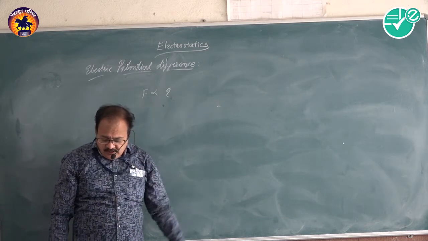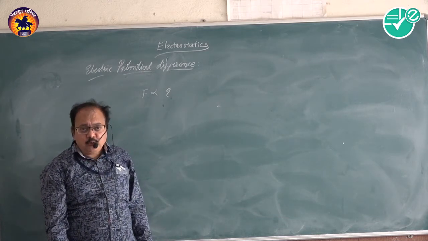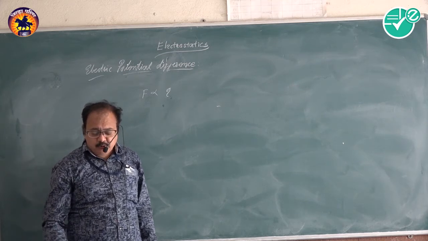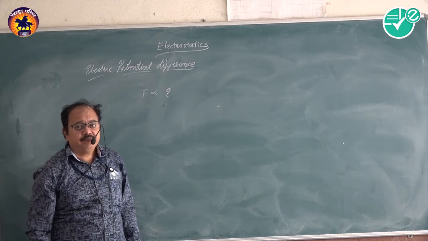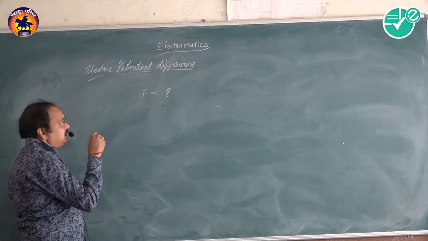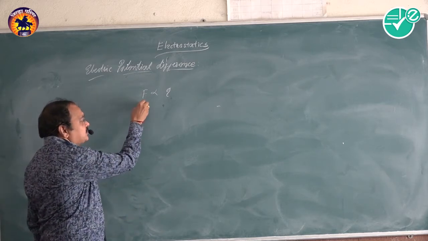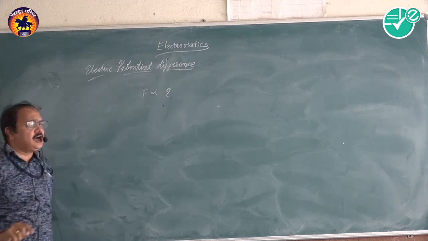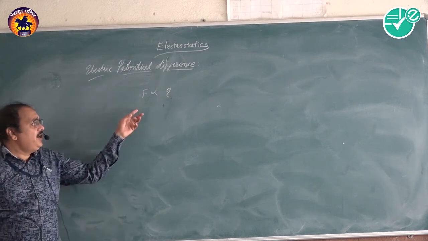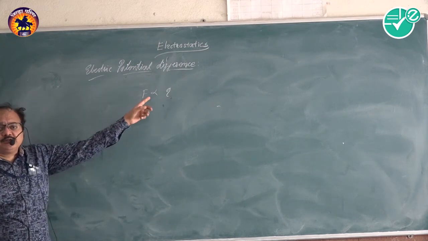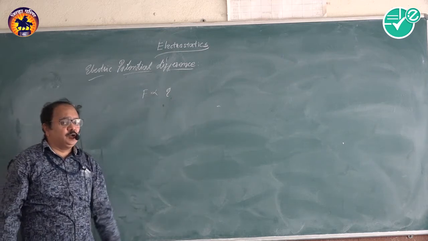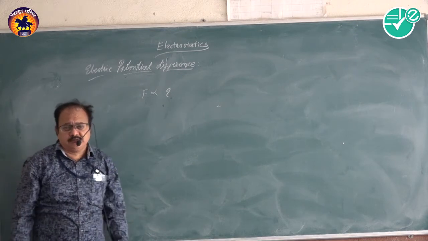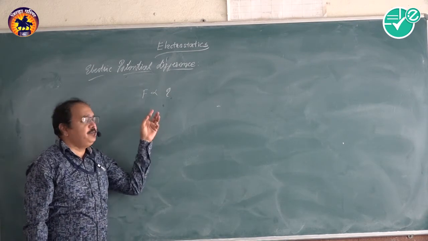The work done is independent of the path taken to move the charge from the first point to the other. But as the force is dependent on charge, work done also depends on the charge.